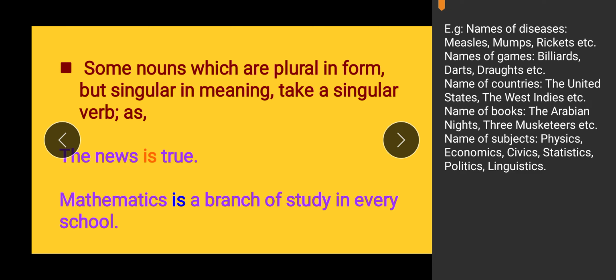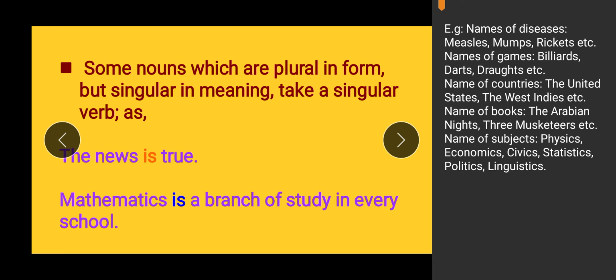Let us see. Names of diseases like measles, mumps, rickets, etc. So many more diseases end with s but have singular meaning. Some names of games are also there: billiards, darts, draughts, etc. Names of countries are also there, the United States, but it is one country only.